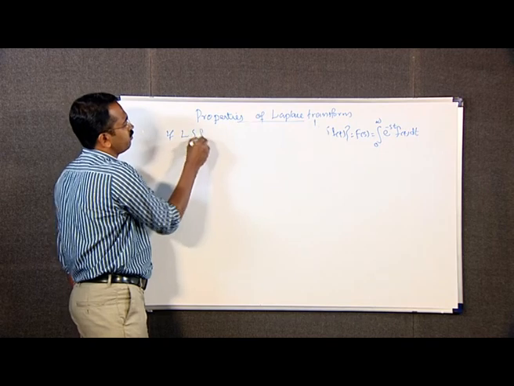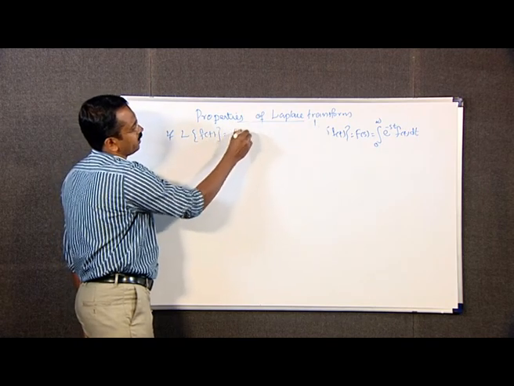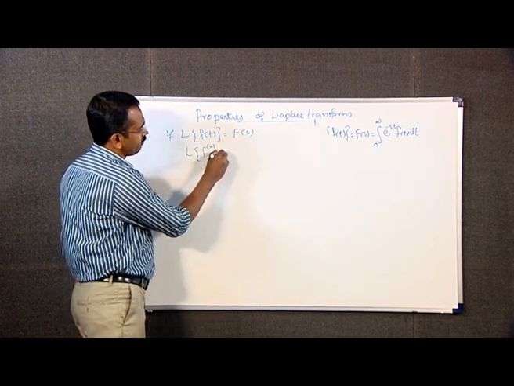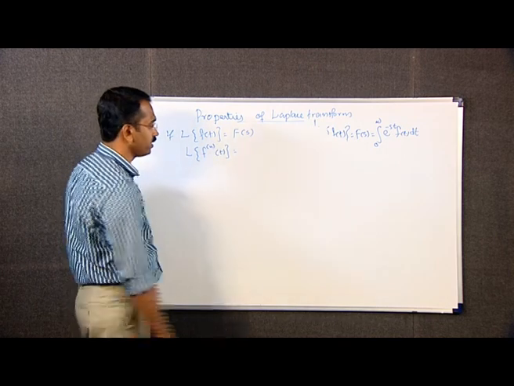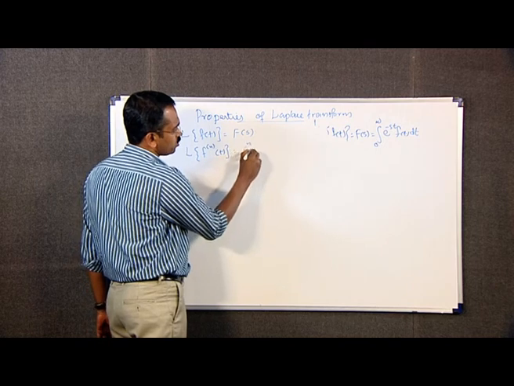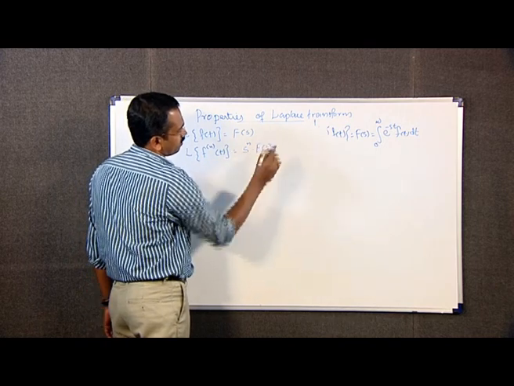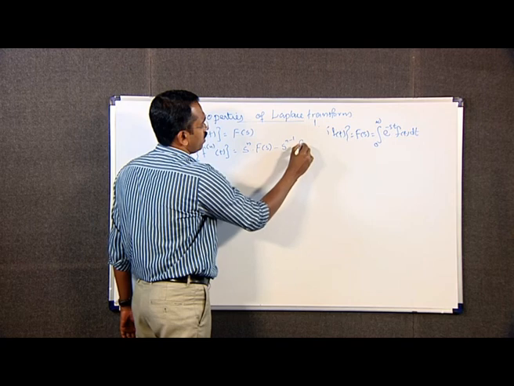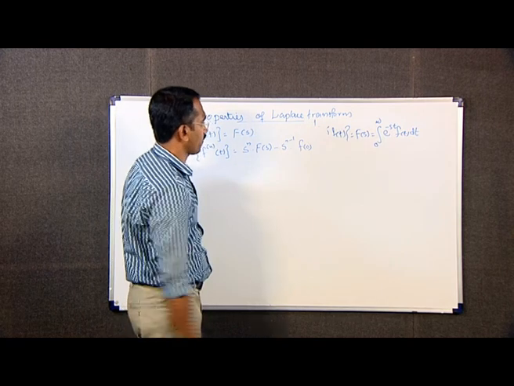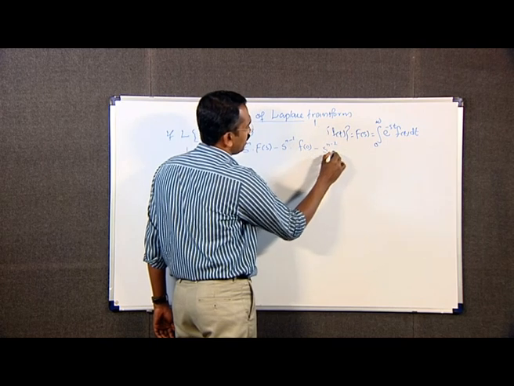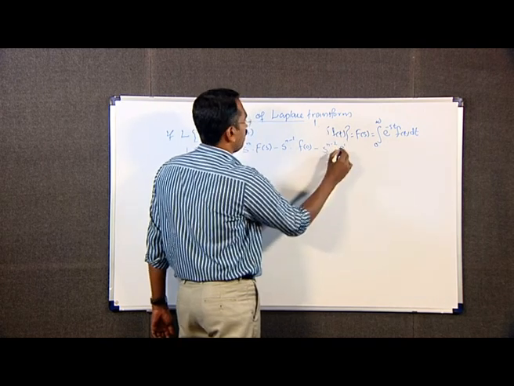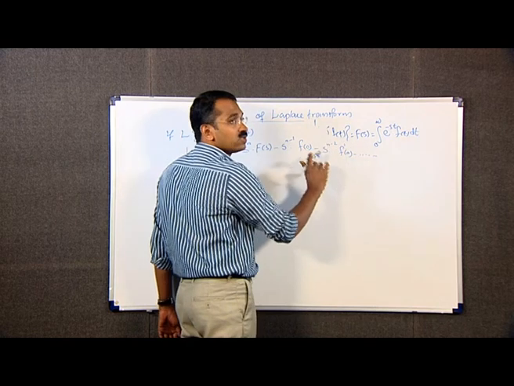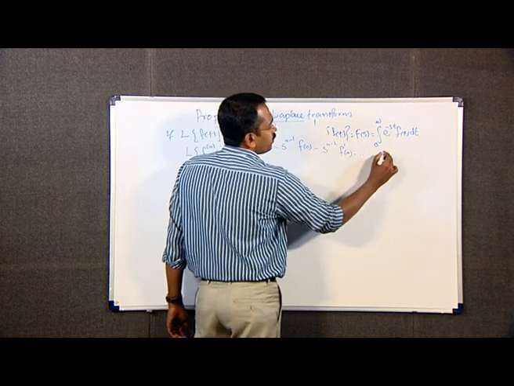If the Laplace transform of f of t is equal to F of s, then the Laplace transform of f superscript n of t, where f n means the nth derivative of f of t, is equal to s raised to n into F of s minus s raised to n minus 1 into f of 0 minus s raised to n minus 2 into f dash of 0 minus etc. minus s raised to 0, that means 1 into f of n minus 1 at 0.